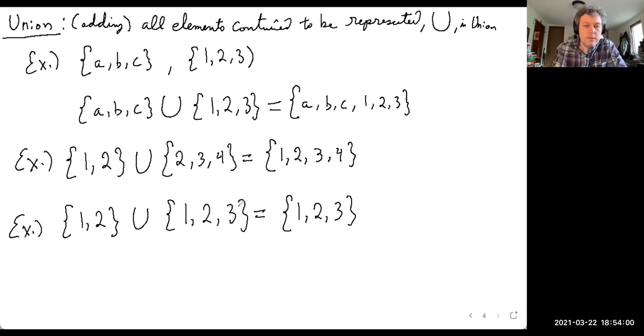We're not doubling up. Number 1 and number 2 are not represented any more than they need to be. But that is an example of how that might look if you put a union to a subset.